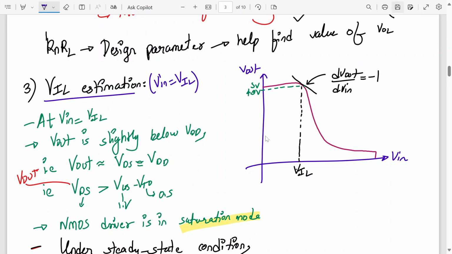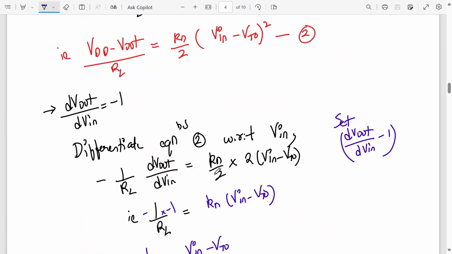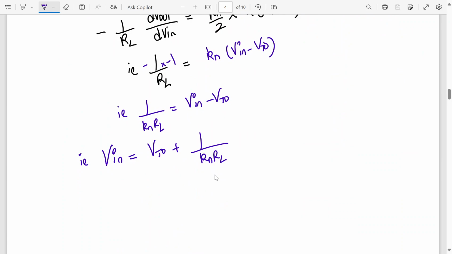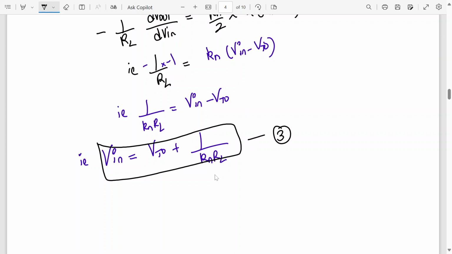So V in is equal to VTO plus 1 upon Kn into RL. Call this equation number 3.